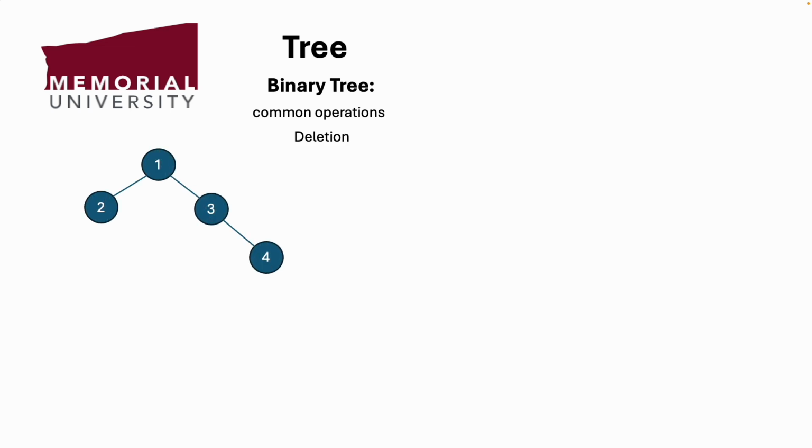All right, let's look at this example. Let's say we also want to delete the node 3, okay? But the node 3 has a right child, node 4. Okay, let's see how the strategy works in this case.